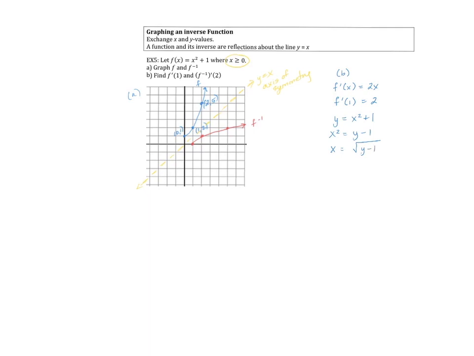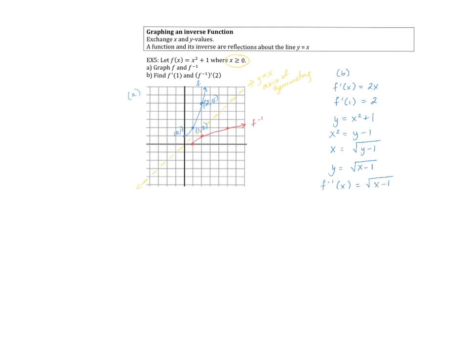So let's go ahead and replace x's with y's. Okay. So our inverse function, f inverse of x, is equal to the square root of x minus 1.